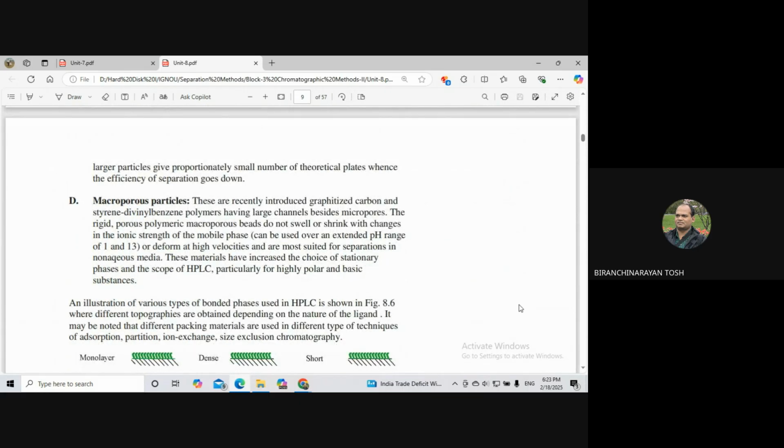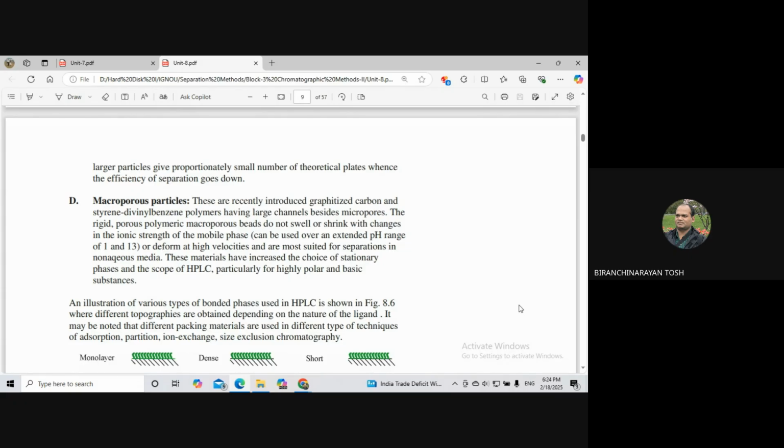Then the macroporous particles. These are recently introduced graphitized carbon and styrene divinyl benzene polymers having large channels besides micropores. The rigid porous polymeric microporous beads do not swell or shrink with change in the ionic strength of the mobile phase, so they can be used over an extended pH range from 1 to 13.